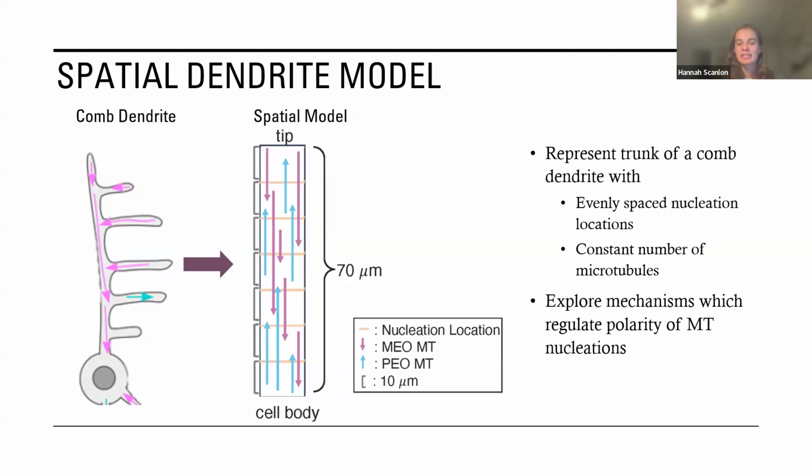There are a couple of mechanisms identified by our collaborators that they believe regulate which direction a microtubule will grow after it's nucleated. So the goal of this project is to explore those mechanisms, implement them in this model, and see if they are sufficient to produce the overall behavior that we're looking for.